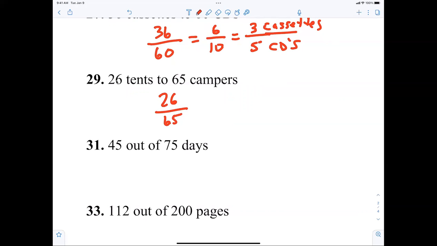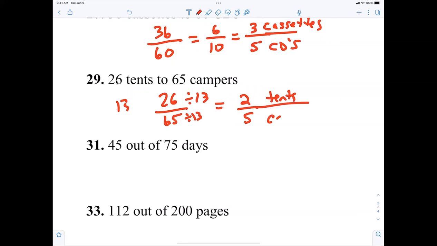Or I'm sorry, how many times does 2 go into 26? 13 times. That's right. And guess what? 13 goes into 65. How many times? 5 times. Yes, there you go. All right, so you just got to be real careful with that. So my reduced fraction was what? 2/5, and then we have 2 campers. All right, next.